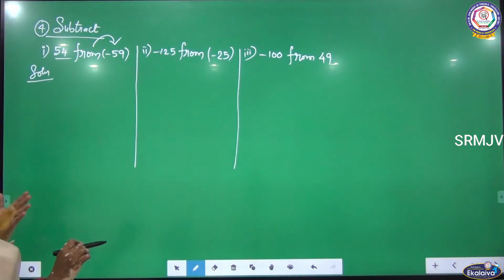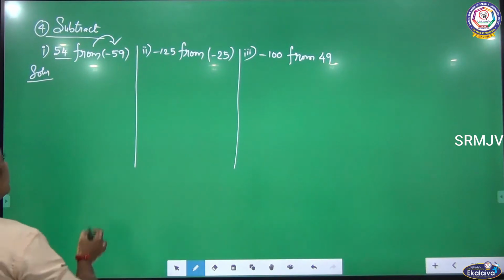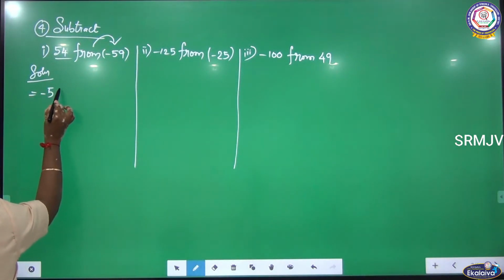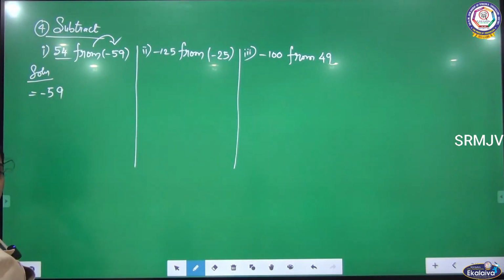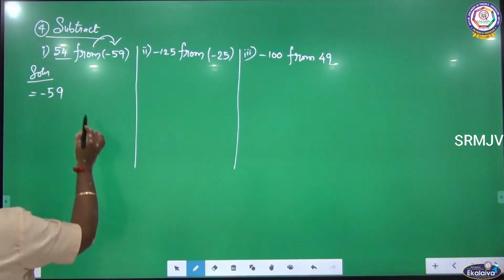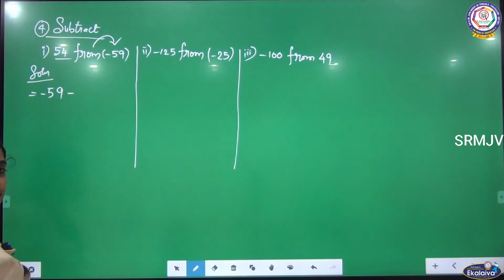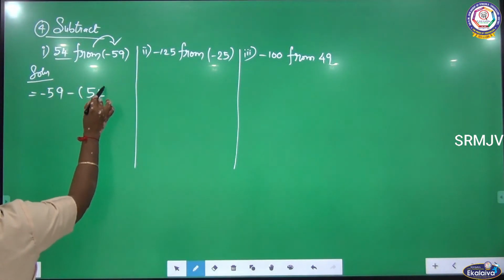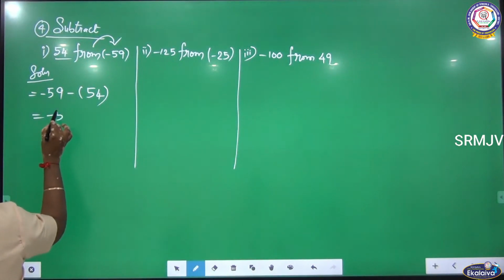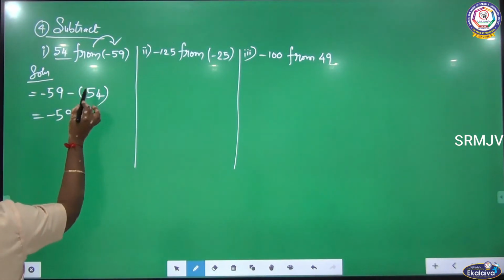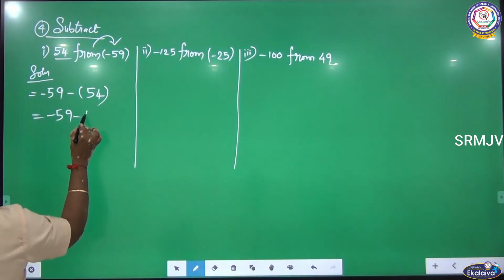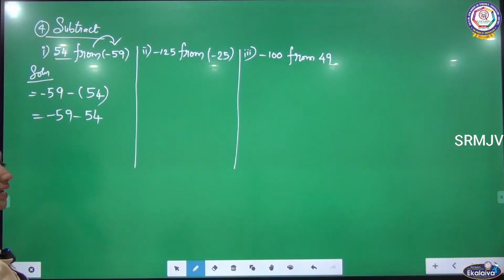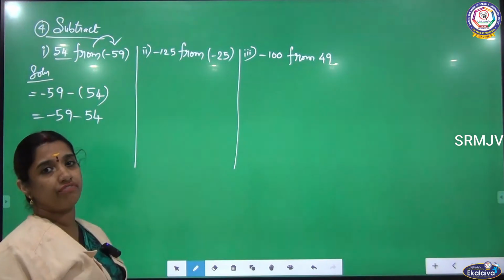Solution: 54 from minus 59. The number after "from" is minus 59, so write that minus 59, then subtract, so put the minus symbol, and 54 is there. So minus 59, minus into plus, minus 54. See how you can do this: minus 59 minus 54.